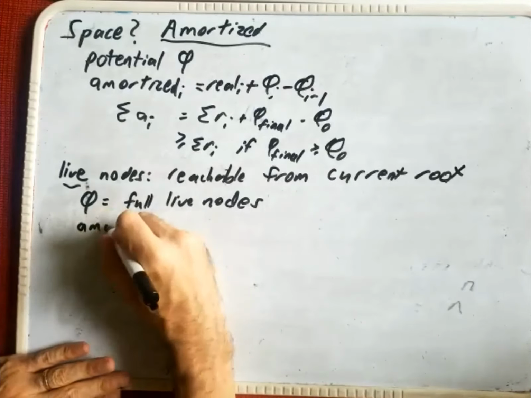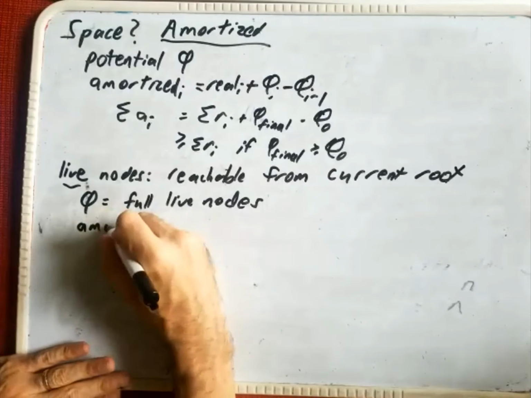What is the amortized cost of modifying a full node? Well, remember, here I'm asking about an atomic modification, that is a modification to a single node of the data structure. Because any modification to the data structure is a series of modifications of individual nodes.